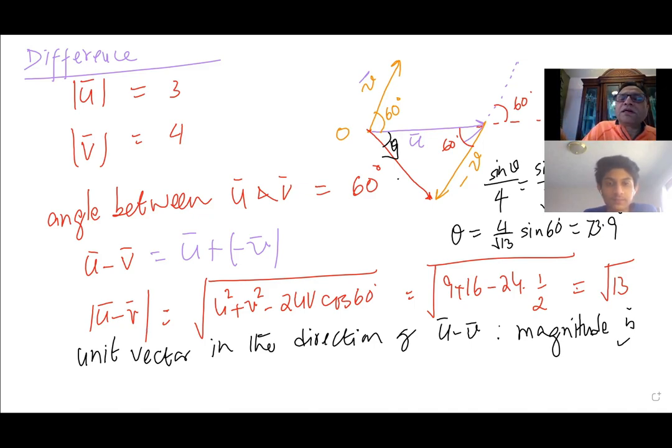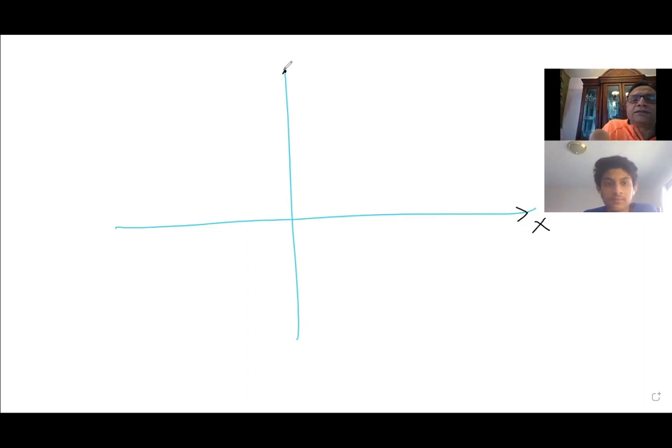So now let's put these vectors on a coordinate plane and do the same thing, right? So let's say this is our coordinate plane. In the coordinate plane, we have the x-axis and the y-axis. So a vector could also be represented on a coordinate plane where any vector in the direction of x is represented in terms of i, where i is a unit vector in the direction of x and j is a unit vector in the direction of y.